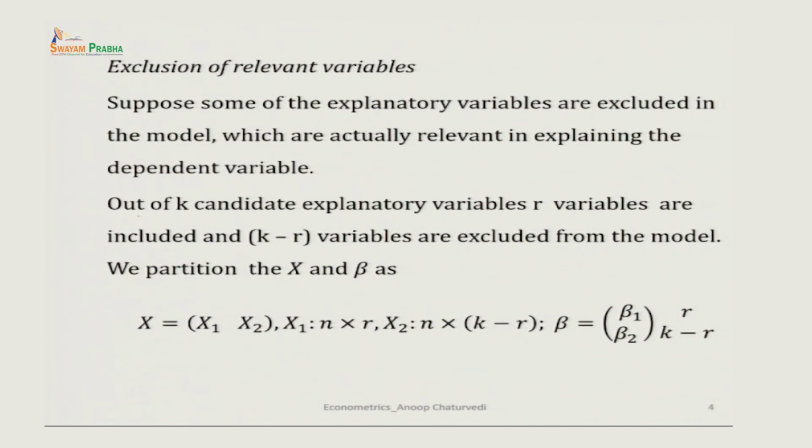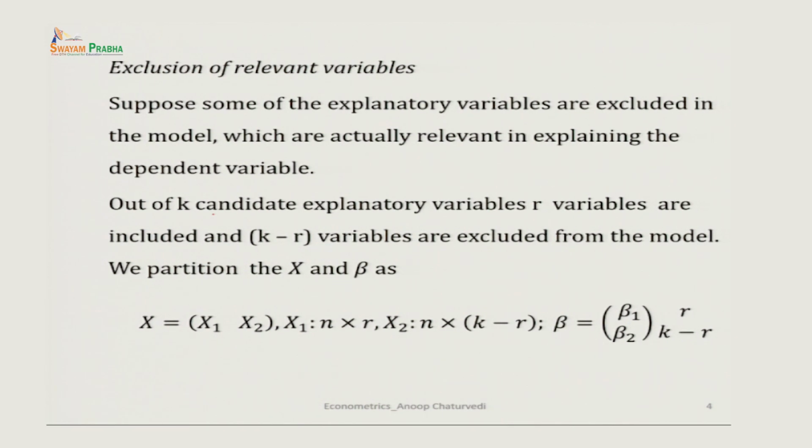Now, suppose there are k candidate explanatory variables, and out of those k candidate explanatory variables, r variables are included and k minus r variables are excluded from the model.